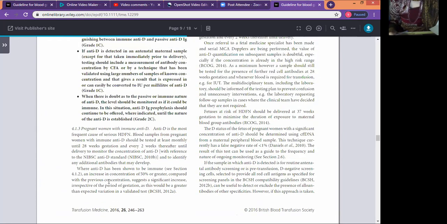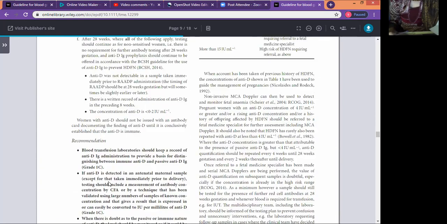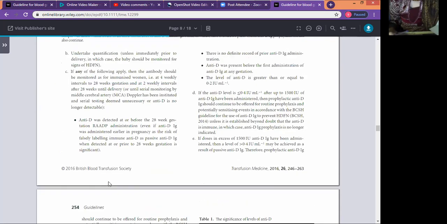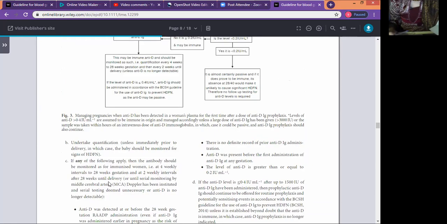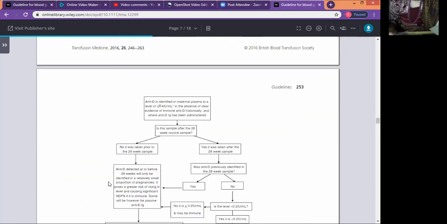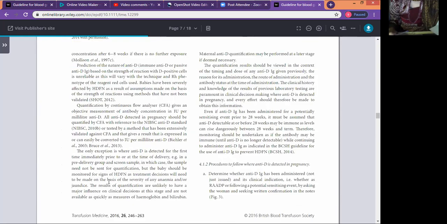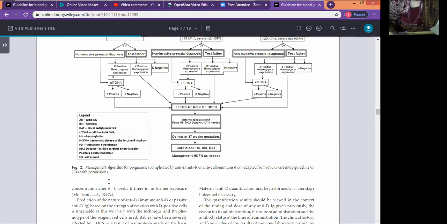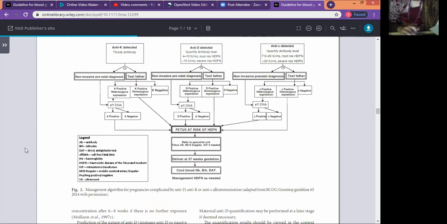Then special reference to the KEL antibody, its titration, and its monitoring for HDFN, and also the D-typing for immune or passive. So this is an important chart that outlines how the KEL antigen needs to be monitored and titrated, and the heterozygous father needs to be further investigated for the KEL star 01 antigen, and this cell-free fetal DNA, if positive, puts the fetus at risk.